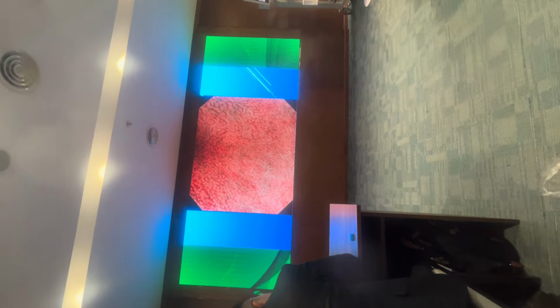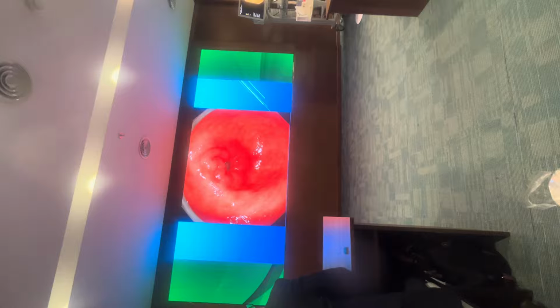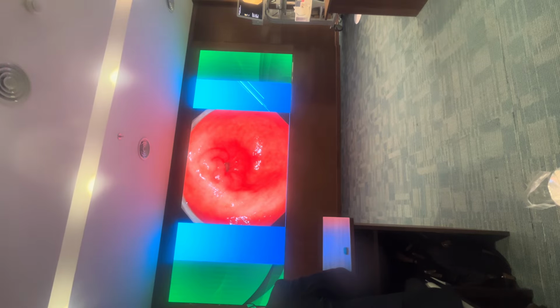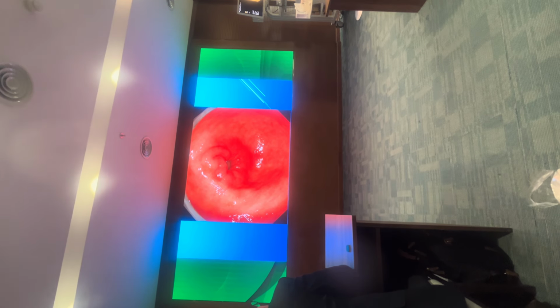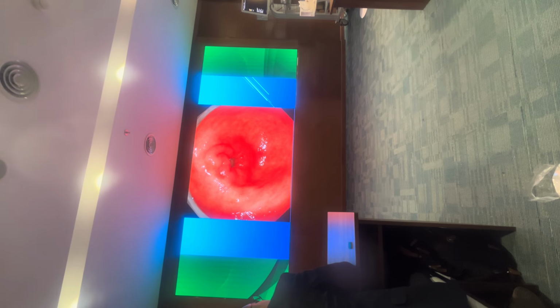This region didn't show an irregular microvascular pattern or irregular microsurface pattern, and there is no demarcation line. So I diagnosed it as non-cancer. First I eradicated Helicobacter pylori, and 3 months later I observed it again. The inflammation had resolved after Helicobacter pylori eradication, and now he is still alive.